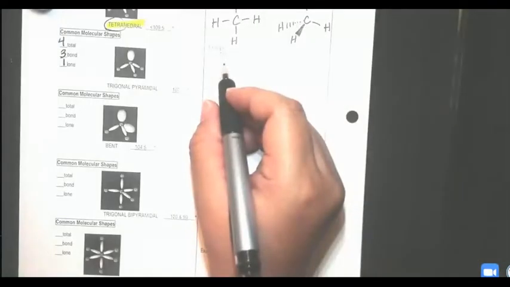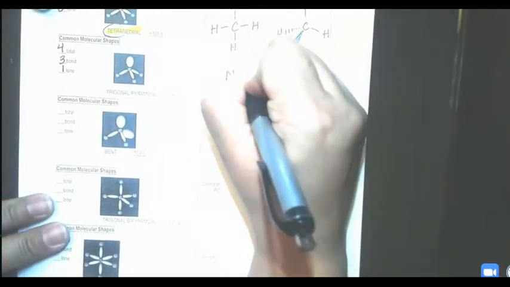Now we're going to move on to 4 things total. Then in this case, we're going to have 3 bonded and 1 lone pair. Okay? So the example that we have here is NH3. NH3 looks like this, or it used to.